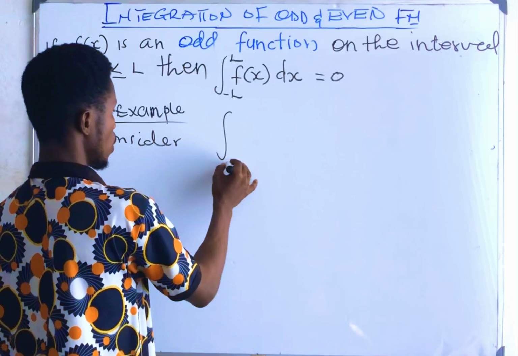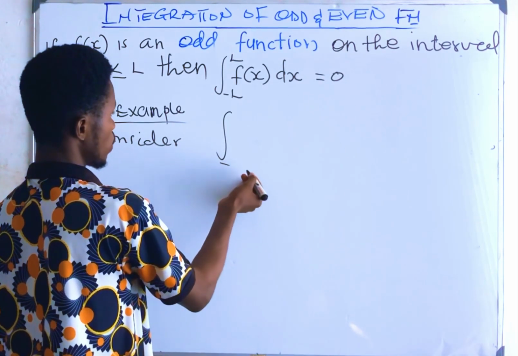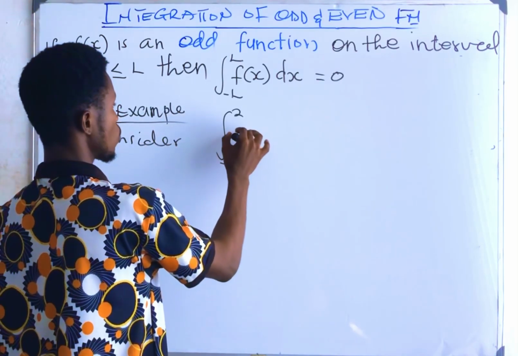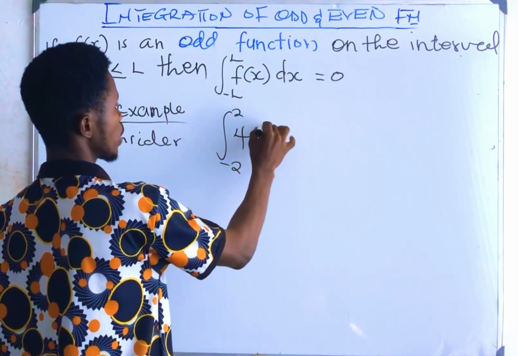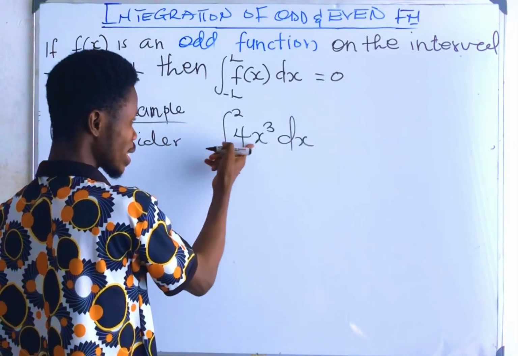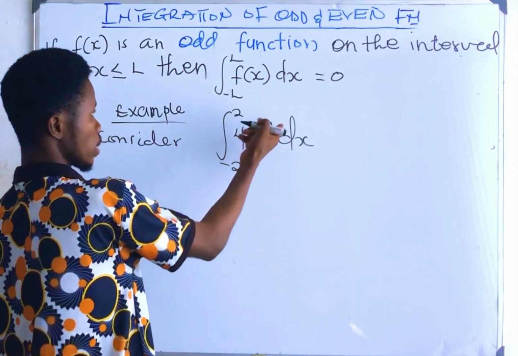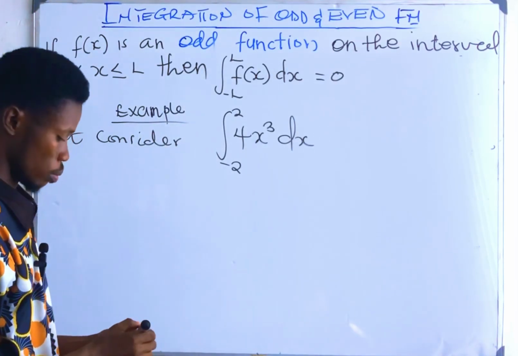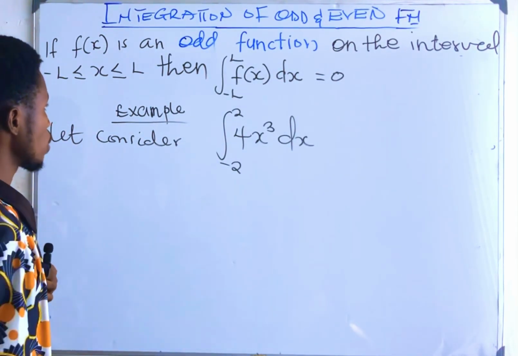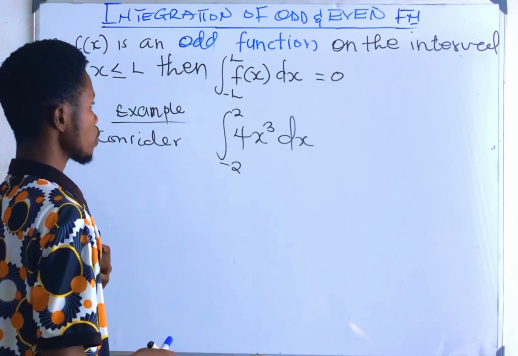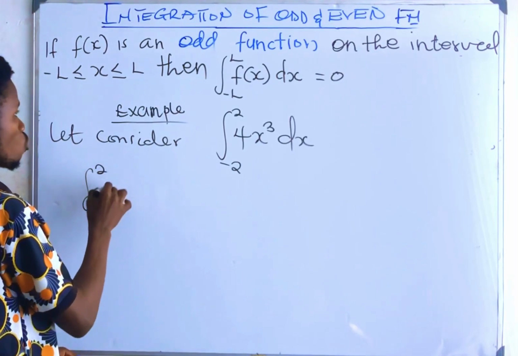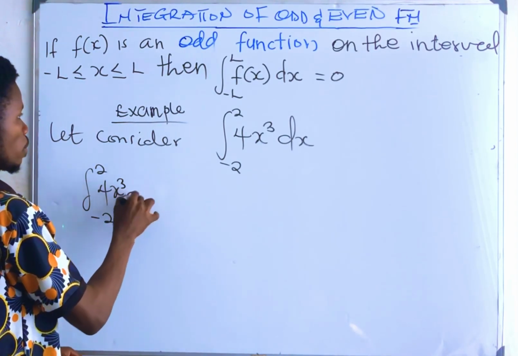Now let me take the limits to be negative 2 to positive 2, and let me take the function to be 4x cubed dx. Remember, this is odd because x is to the power 3. You can test. Now, if you integrate this, what are we going to get? The integral from negative 2 to 2 of 4x cubed dx.